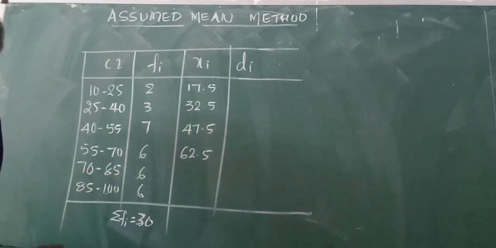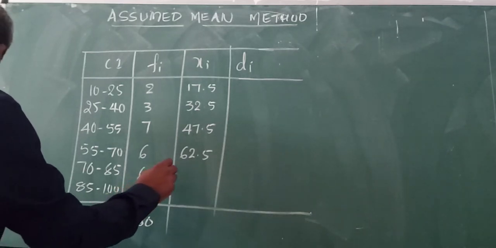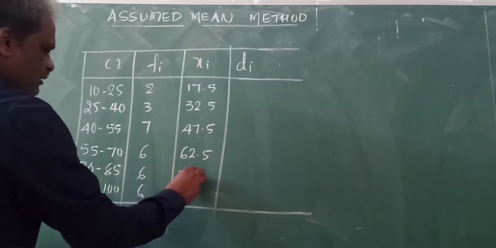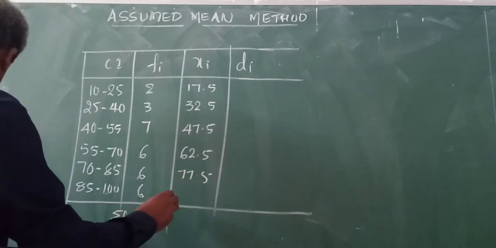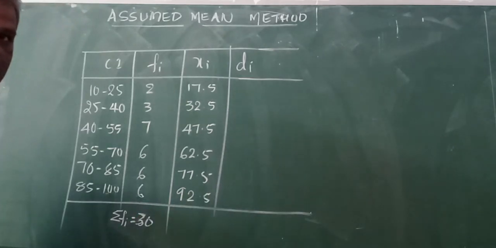Similarly 70 plus 85 divided by 2 gives 77.5, and the last one gives 92.5. This is the class mark.